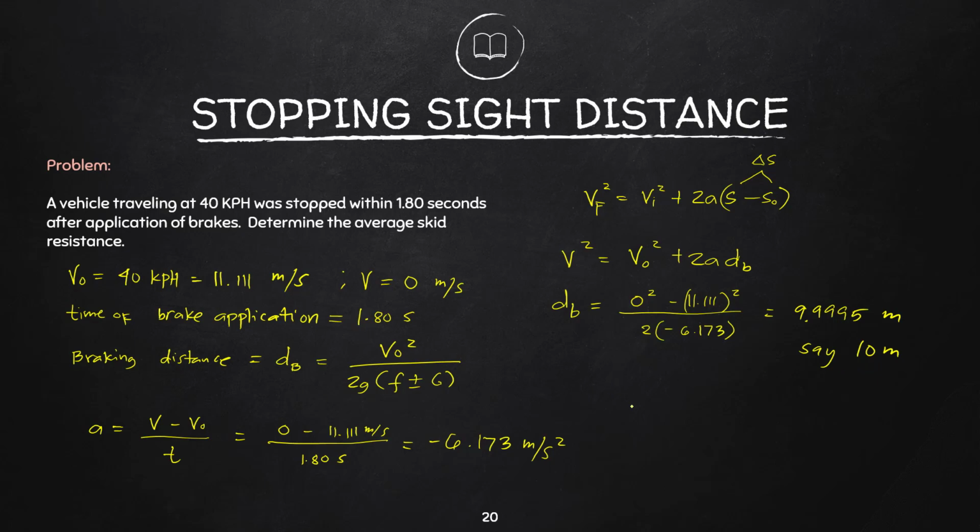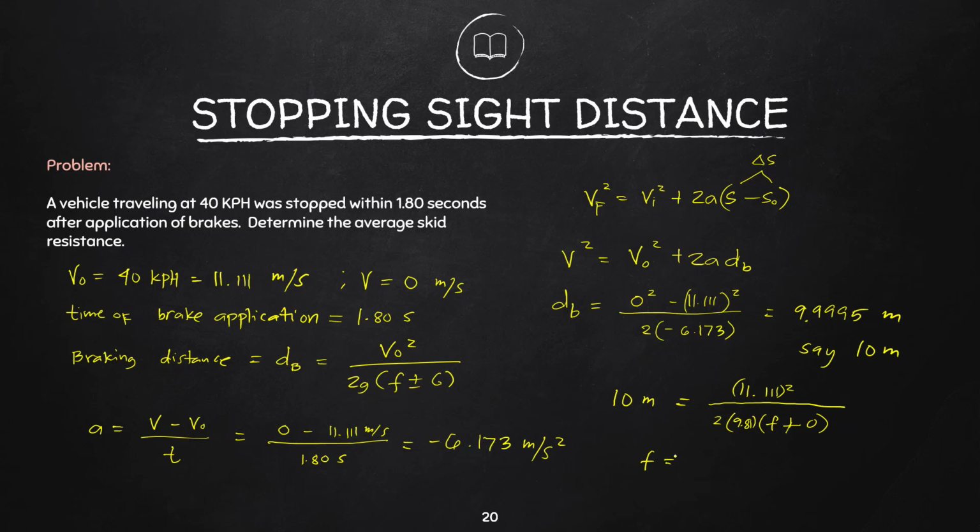So from this formula, braking distance 10 meters is equal to v sub 0, 11.111 squared, over 2 times 9.81 multiplied by the value of f plus 0, because that is on level ground. Manipulating the equation, we will have the value of f.